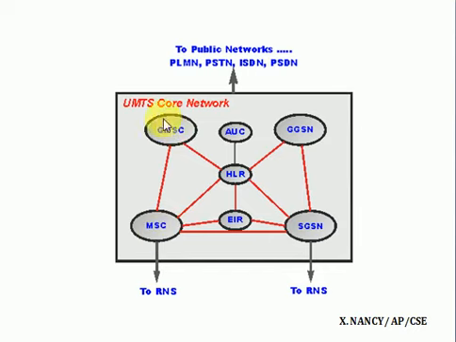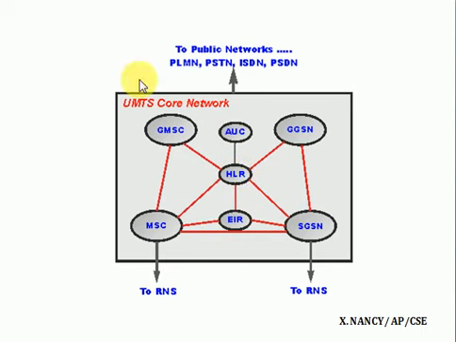Here the packet switched elements are the SGSN and GGSN. The SGSN is nothing but our serving GPRS support node, and GGSN is nothing but our gateway GPRS support node. These three elements, that is our HLR, EIR and AUC, are the shared elements. The elements that share their data along with the packet switched elements and circuit switched elements.